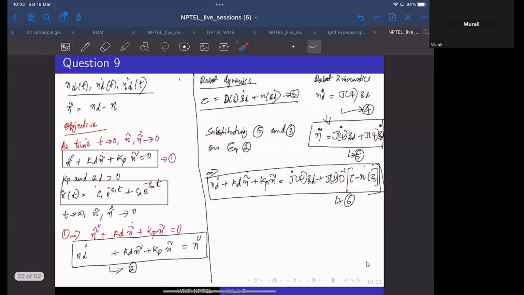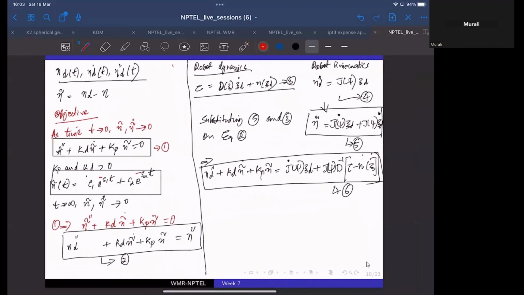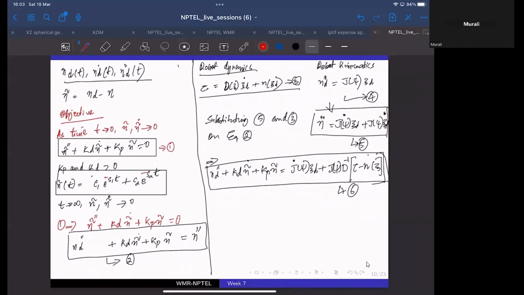Right. So rearranging this, to find out tau, I'm bringing each and everything over to the other side. First, I'm bringing this term to this side. So it will be eta desired double dot minus j dot of psi zeta desired. Then you also have kd eta tilde dot plus kp eta tilde.